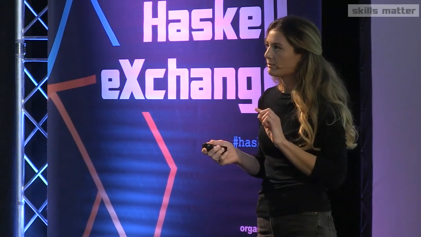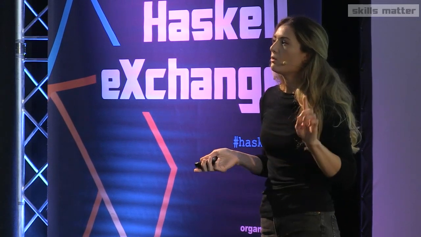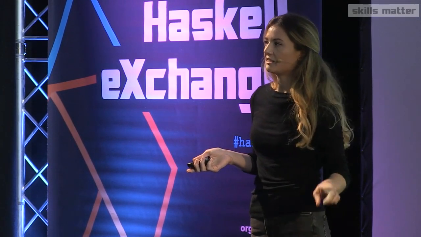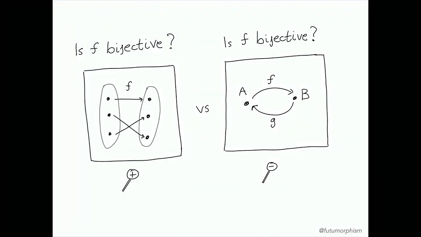And we've seen a similar example here, because we defined bijective function in 2 different ways. One is to look inside the set and check, okay, is every element mapped to a unique element on the right, and vice versa. And the other way was to say, f is bijective if there exists another function g such that their composition is the identity on both sides.